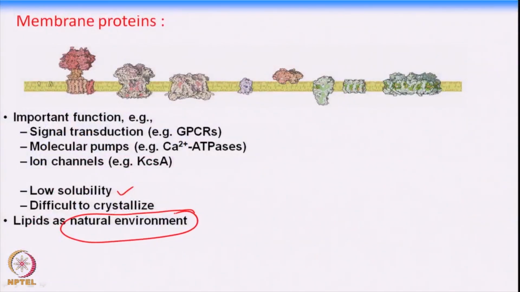Their natural environment is lipid, so they cannot be solubilized and they cannot be crystallized, therefore crystallography is also difficult for finding protein-ligand interaction in this case. Now, one can crystallize, one can solubilize, but you need to have a lipid for these molecules. So, that becomes a project in itself.